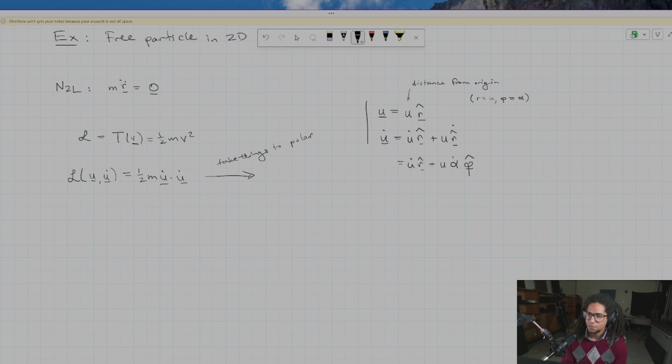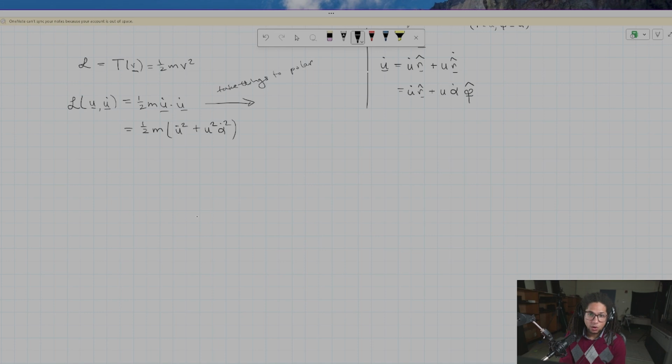Great. Okay, so I'm just going to plug that in here. 1/2 m. So I'm going to get 2 parts. Because r hat and phi hat are orthogonal to each other, I just square this coefficient and then square this coefficient. So I get u dot squared plus u squared alpha dot squared. Good. Okay.